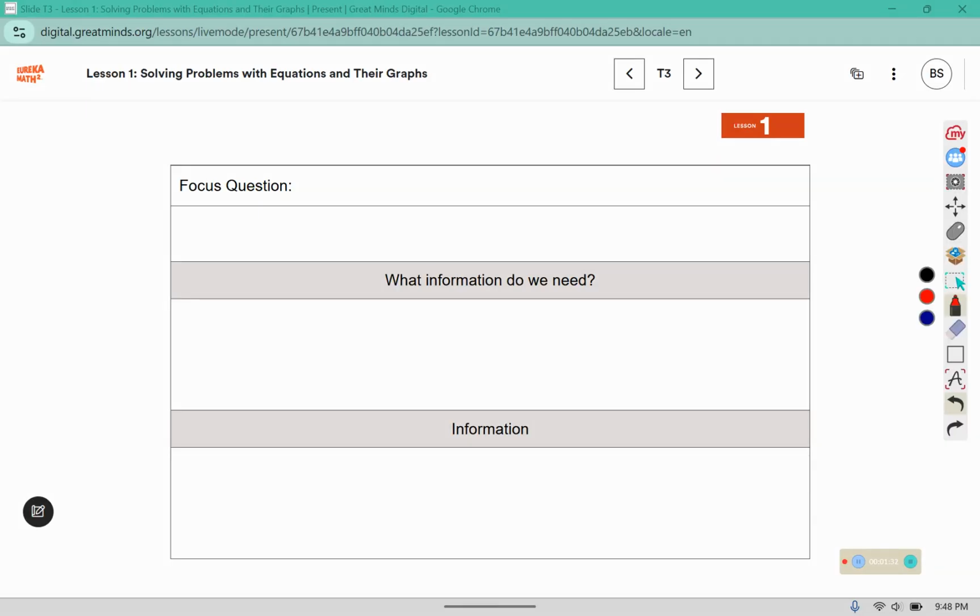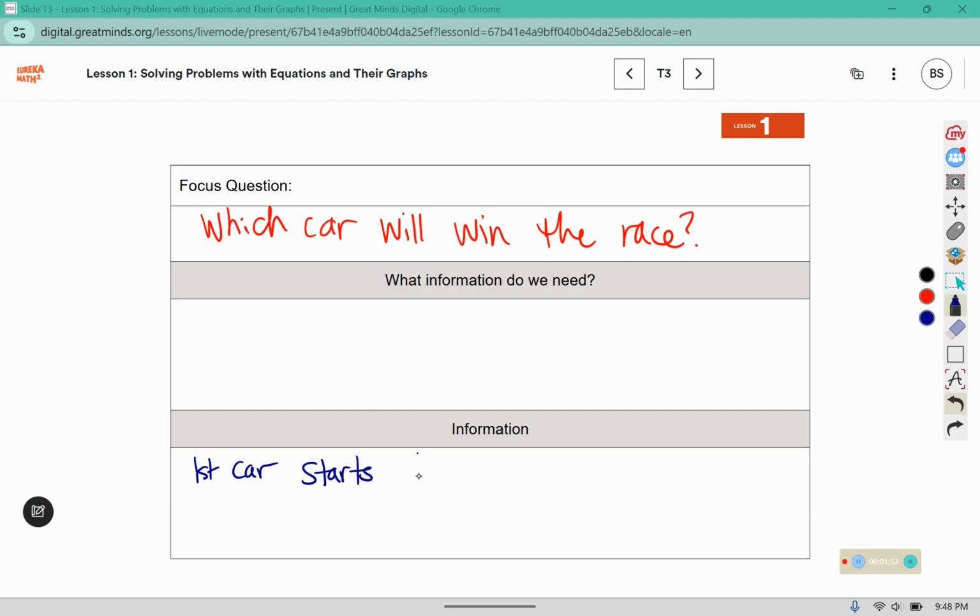Today our focus question is, which car will win the race? The information we have so far is that the first car starts before the second car.